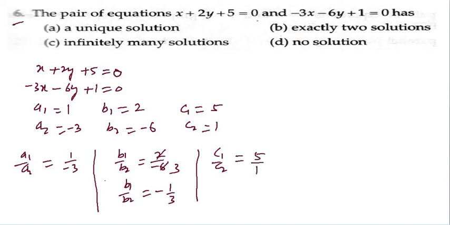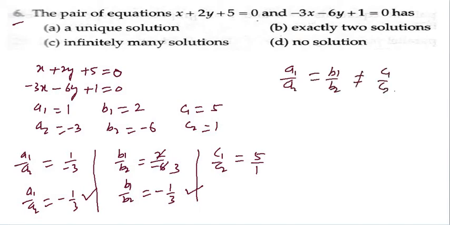So as you can see, a1 upon a2 and b1 upon b2 are equal. So a1 upon a2 equals b1 upon b2, but is not equal to c1 upon c2. So it has no solution. So D option will be correct. It has no solution. चलिए ये नो सॉल्यूशन आ गया आपका.